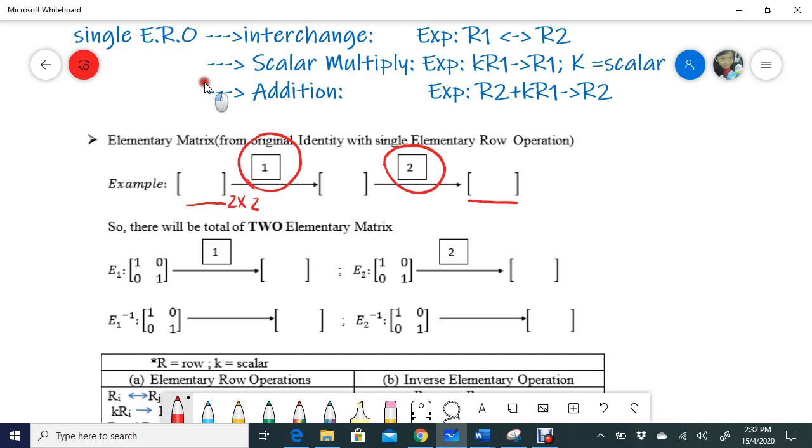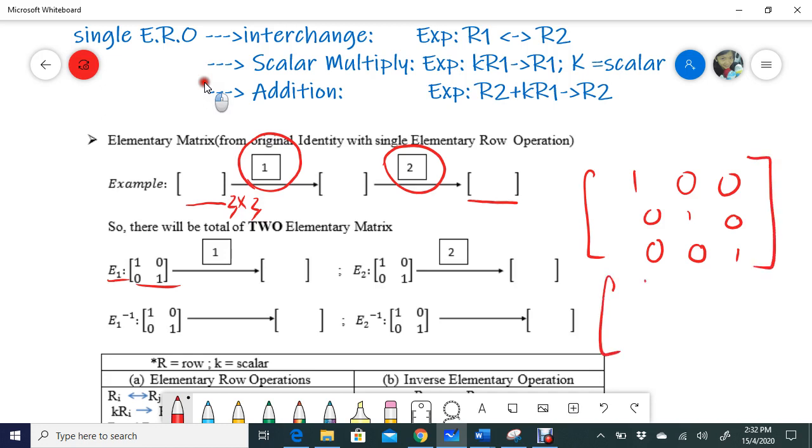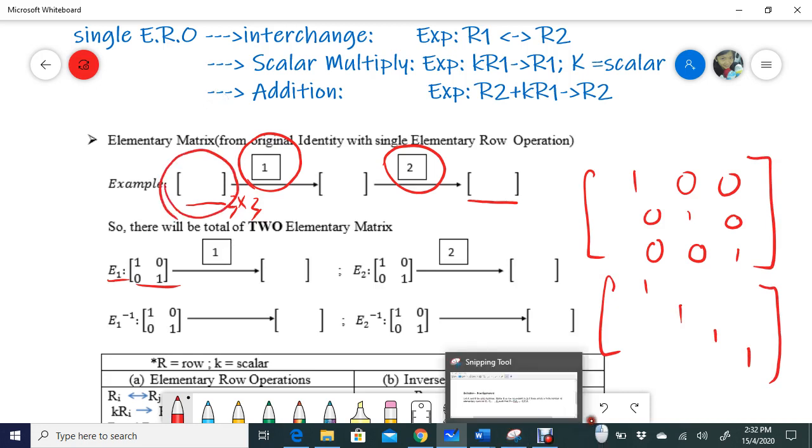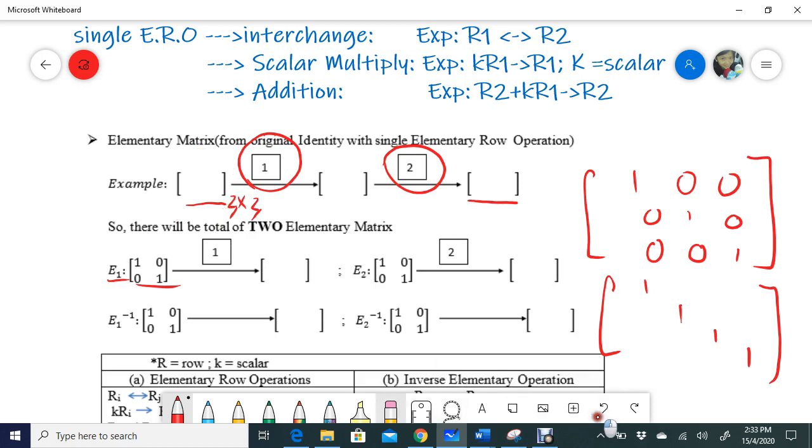So what will your E1 be? Your E1 will be 2 by 2 as well. If this is a 3 by 3 matrix, your E1 will start with a 3 by 3 identity matrix. If 4 by 4, then it will be a 4 by 4 matrix. It depends on the size of it. I think it should be okay, right? So let us continue.